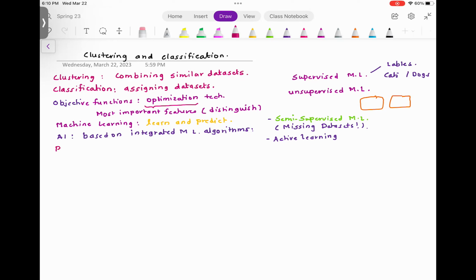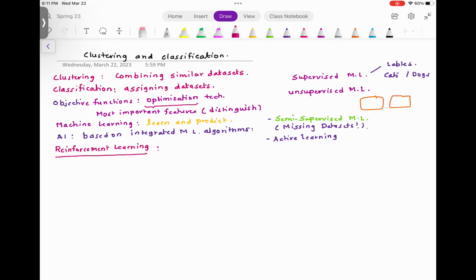And in reinforcement learning, what happens is you perform learning, and depending upon whether the algorithm has achieved the desired result, you reward or punish the algorithm. For example, if you have a task, and pertaining to that task you have a metric that defines the success or the failure.